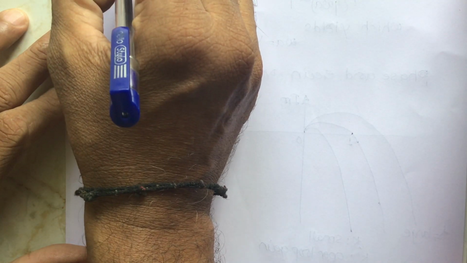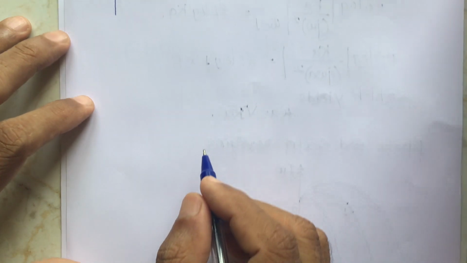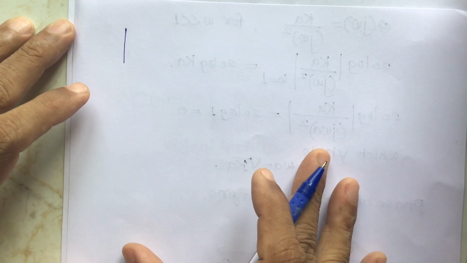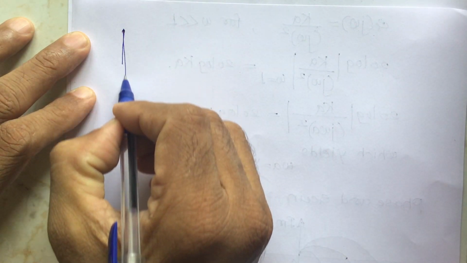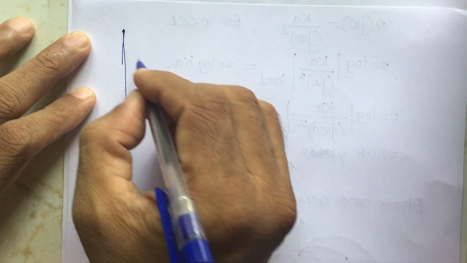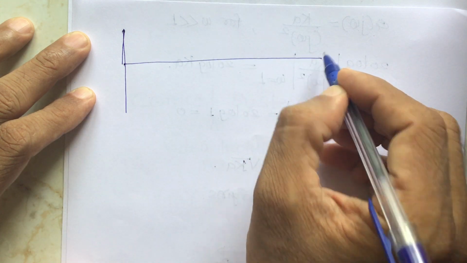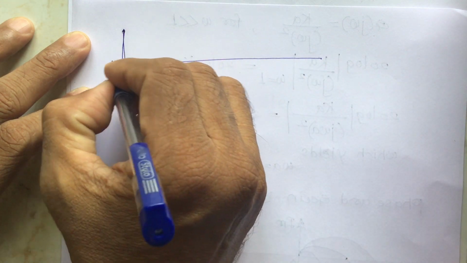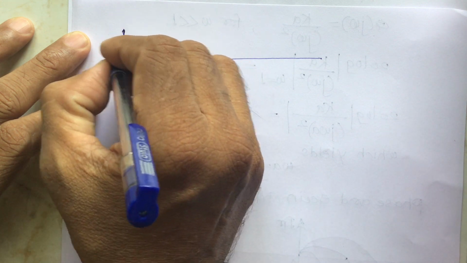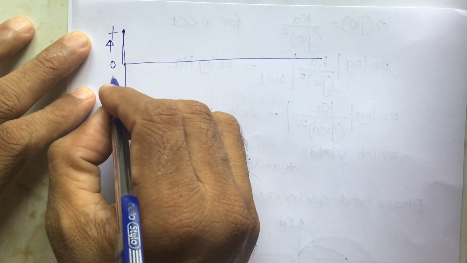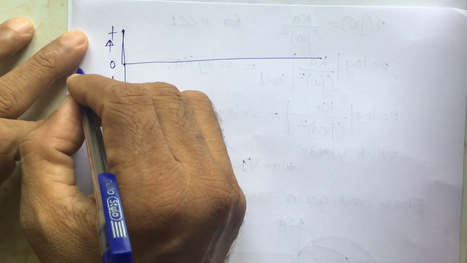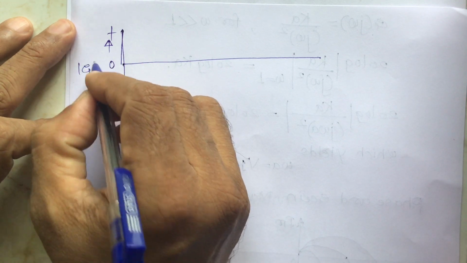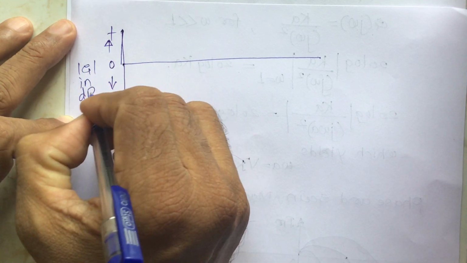So I am drawing the Bode diagram. So this is 0 dB line. On this side there is plus dB, on this side there is negative dB. So magnitude of G in dB.